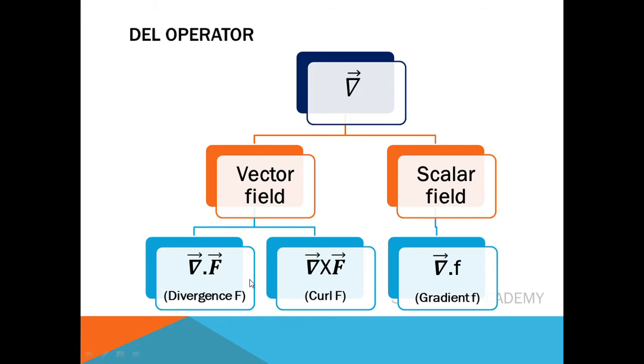The major difference between dot product and cross product is that the dot product is the product of the magnitudes of the vectors and the cosine of the angle between them, whereas the cross product is the product of the magnitudes of the vectors and the sine of the angle they subtend to each other.